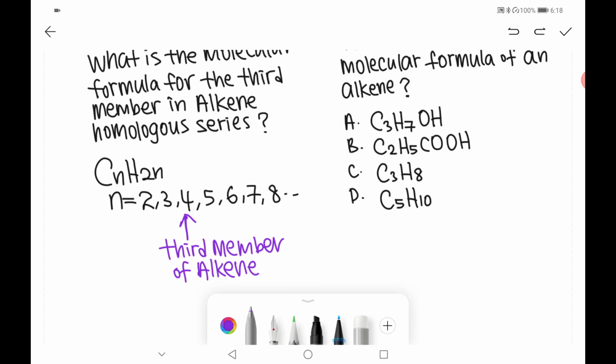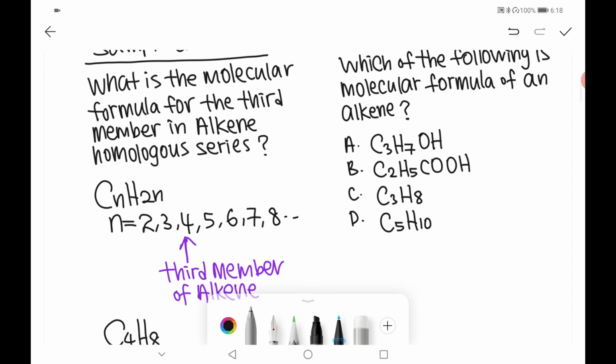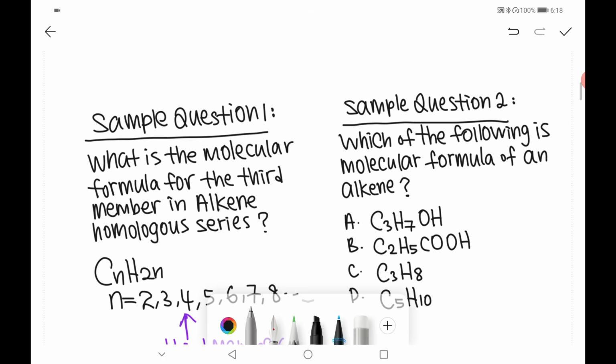You substitute n equal to 4 into the formula, then you will get C4H8. You have to be careful. This question is not very hard, but many students make mistakes. So when should you substitute n equal to 3? When the question asks, what is the molecular formula for the alkene which has 3 carbon?